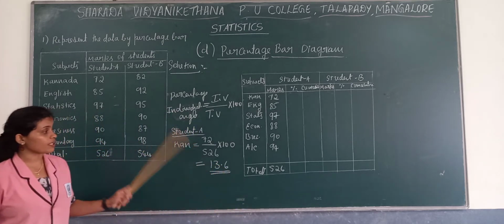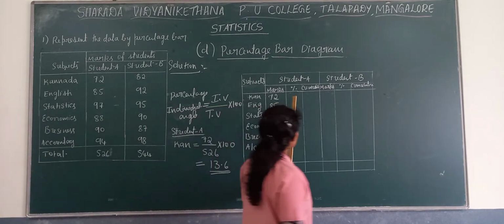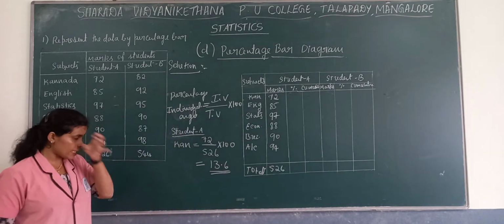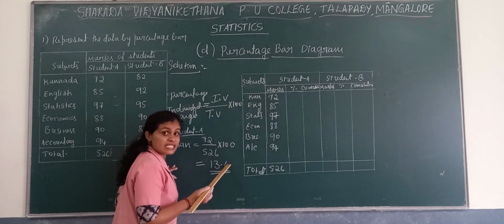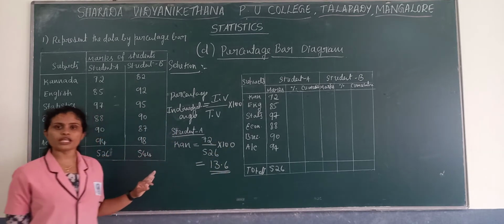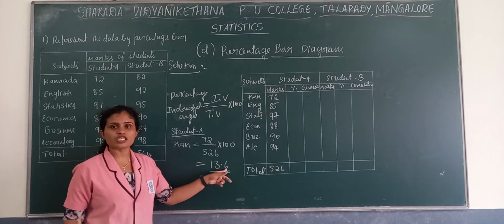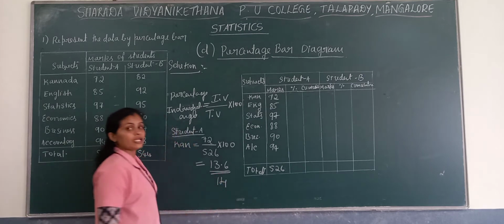Some other values we get, but while writing here, we are not writing 13.6. We are writing the approximate value. Since after the decimal the first digit is 6, 5 or more than 5, we can increase this value by 1.